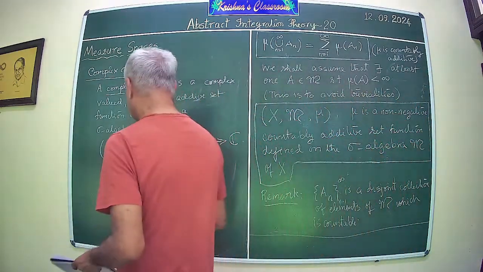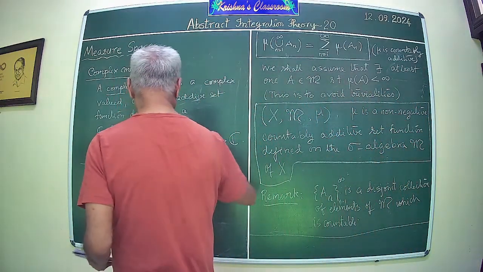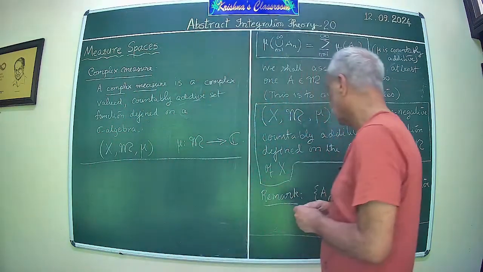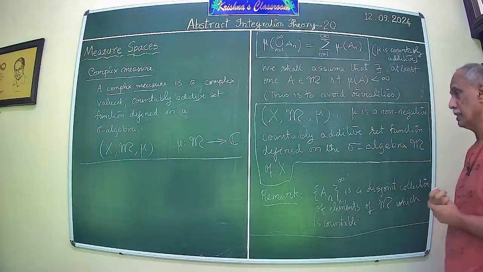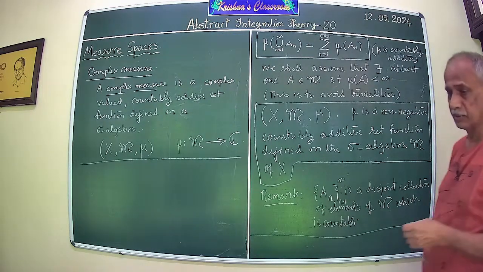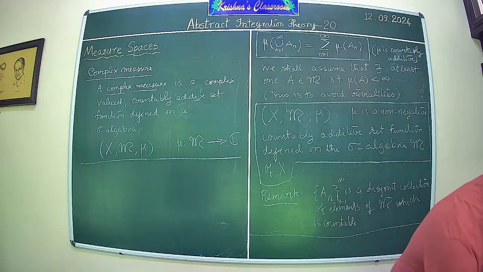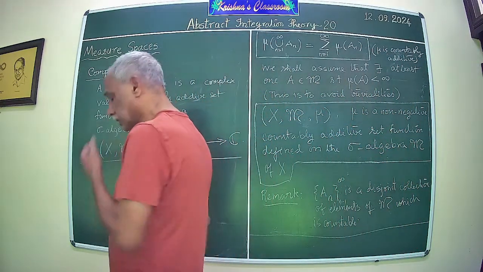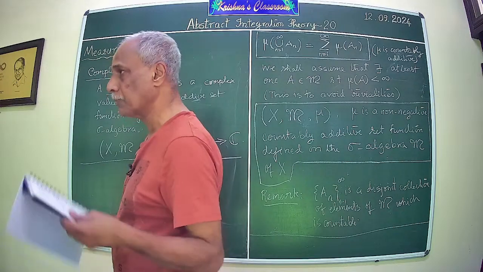Okay, so that's the definition of a complex measure. So we can talk about real measure and complex measure. Now let us look at the consequences or the properties of this.